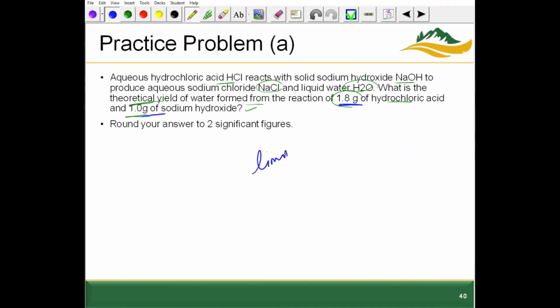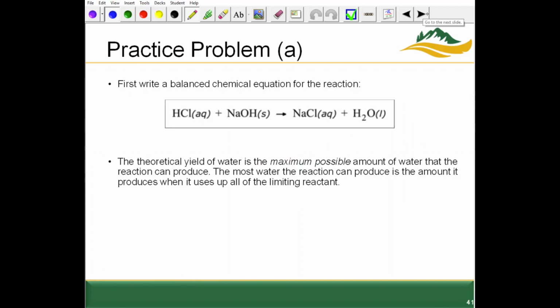Because we're given two of these amounts, we know we're going to be working with a limiting reactant style problem. So we're told hydrochloric acid and sodium hydroxide react to form aqueous sodium chloride and water. You should recognize sodium hydroxide as a name, water, as well as sodium chloride. This is an acid, and we'll cover more acids in Chapter 4.